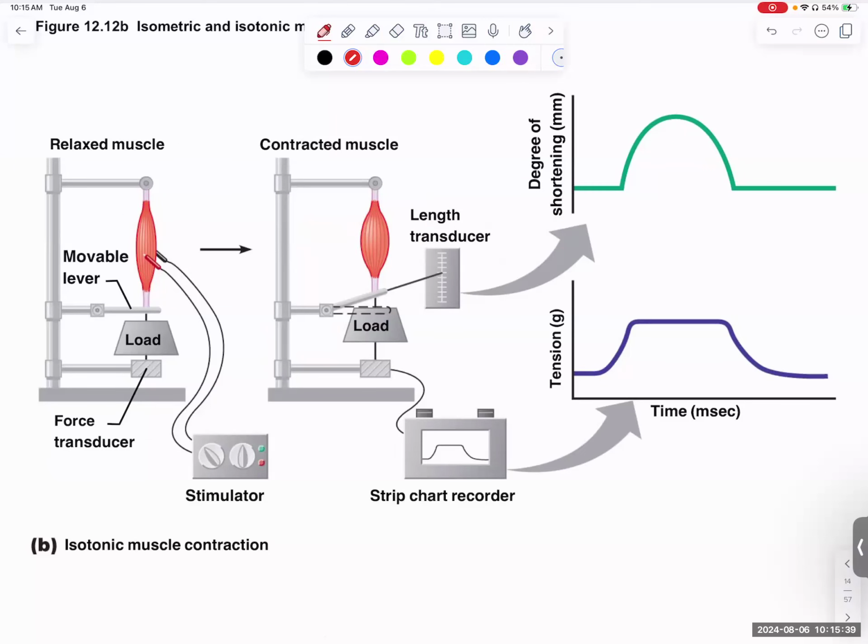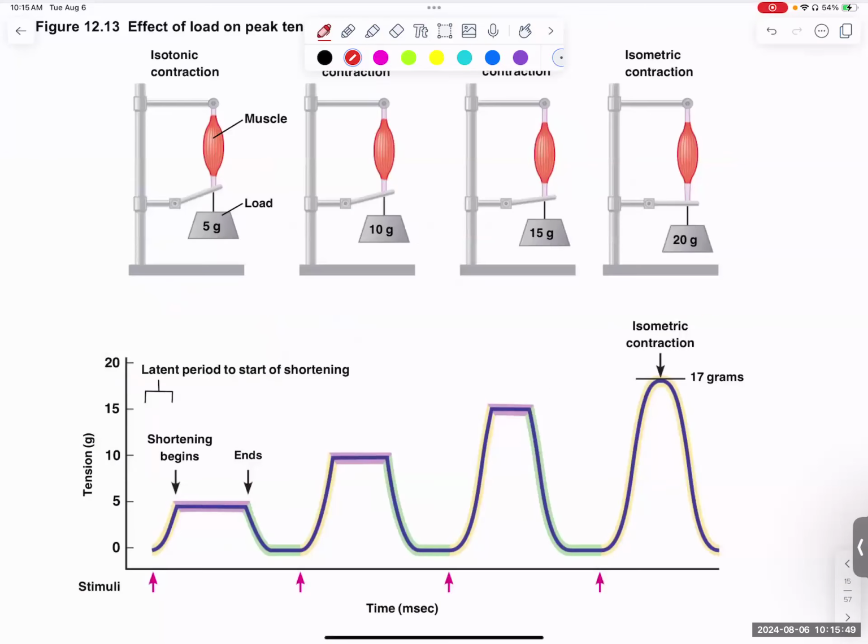And so this is kind of showing you here we got the muscle shortening and you get tension, and then that twitch ends and the muscle's going to lengthen again. And this is load dependent, right? So if it's a 5 gram load, that twitch is going to produce enough tension to move 5 grams. If it's 10 grams, it has to produce enough tension for 10 grams.